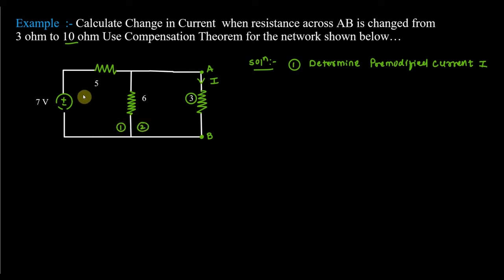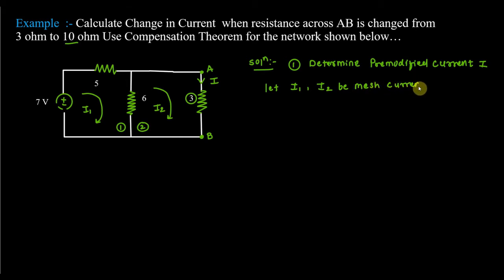Then we assign the currents: the current assigned to the first mesh is I1 and to the second mesh is I2. From the network, I2 is simply I, so our aim is to find I2 only. Let I1 and I2 be the mesh currents.